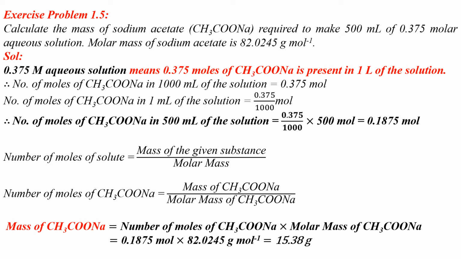The formula becomes mass of sodium acetate equals number of moles of sodium acetate into molar mass of sodium acetate. Substituting the values, you get an answer of 15.38 grams. So 15.38 grams of sodium acetate is required to make 500 ml of 0.375 molar solution.